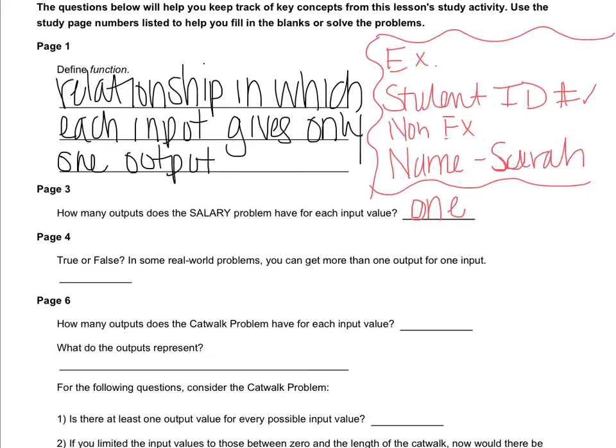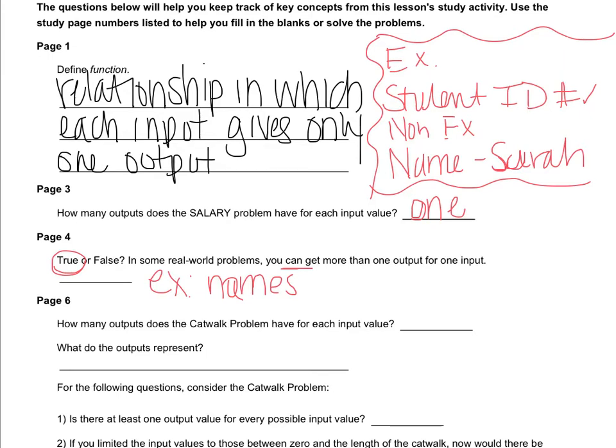Every time you work 10 hours, you get exactly $100. So in some real world problems, you can get more than one output for one input. That is true. The examples of that would be our names. That's a great example of something where you have more than one output for each input.